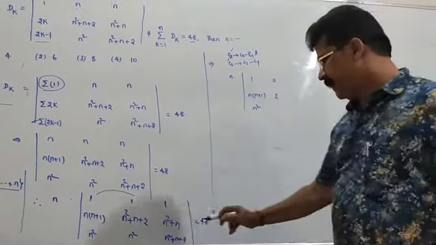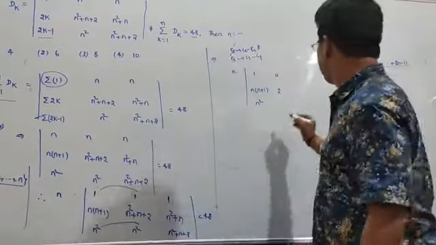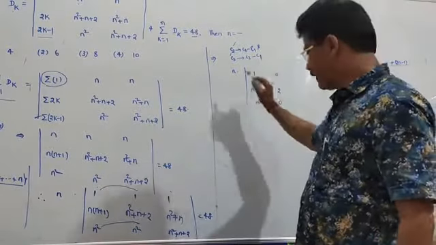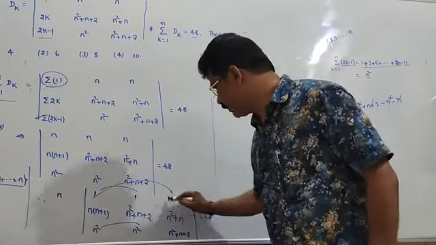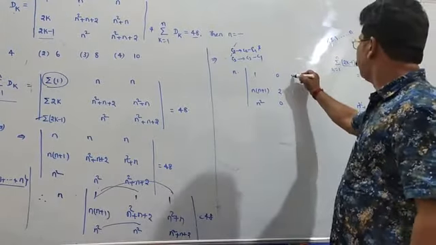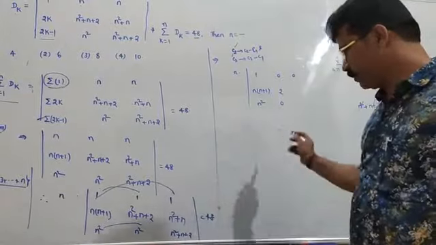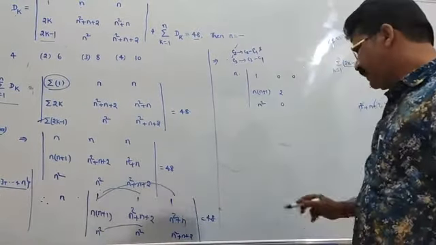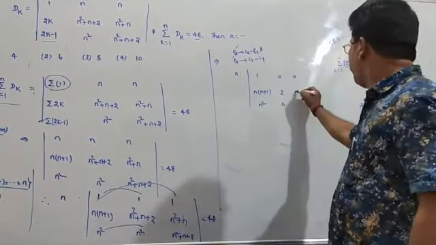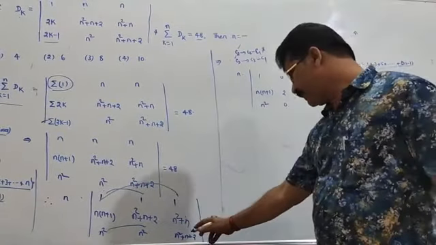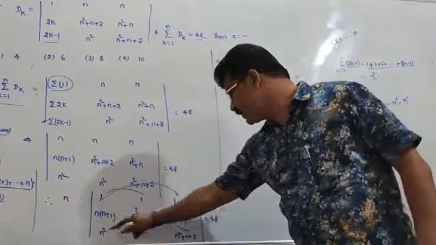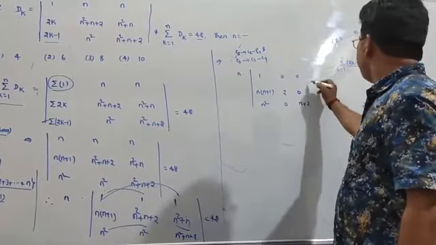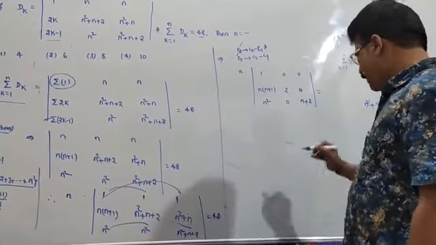Next, n square minus n square, 0. Next, C3 minus C1: 1 minus 1, 0. Thus we are getting zeros at most places. You can observe that. Next, n square plus n minus n square minus n, 0. Next, n square plus n plus 2 minus n square minus n, so this is n plus 2.